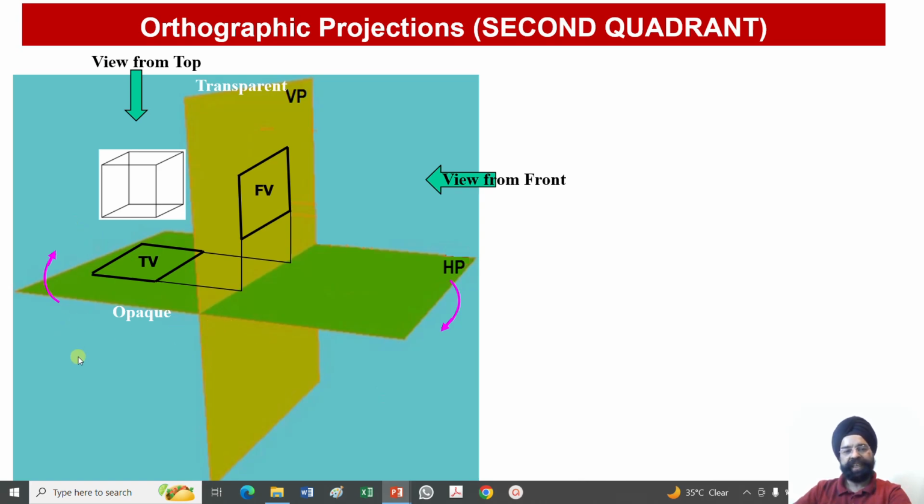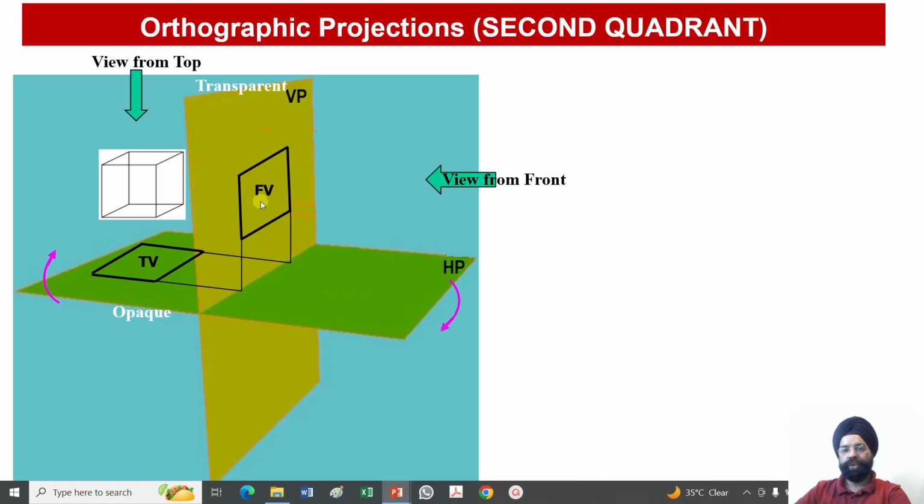In second and third quadrant my HP will rotate upwards, that is again clockwise. Now you see two views have been obtained in mutually perpendicular planes, but my drawing sheet is a single plane, that is my computer screen. So I have to rotate this so that both of these views I can obtain on a single plane.